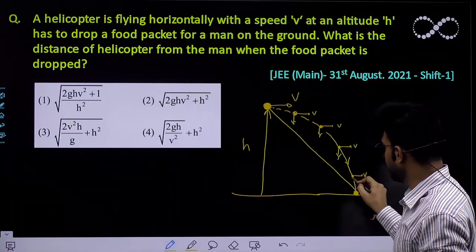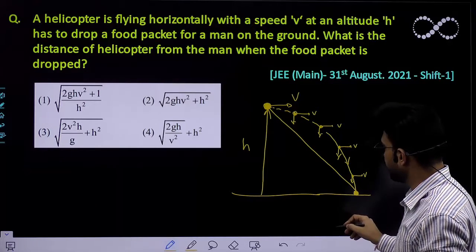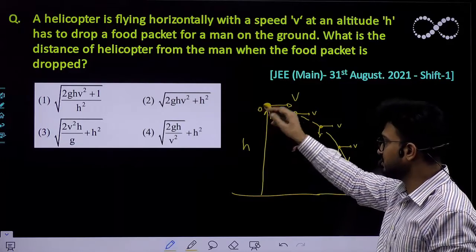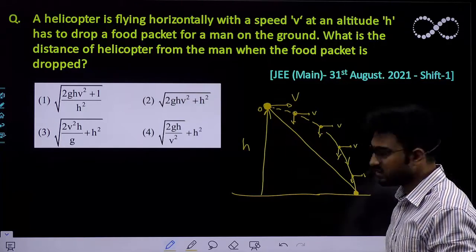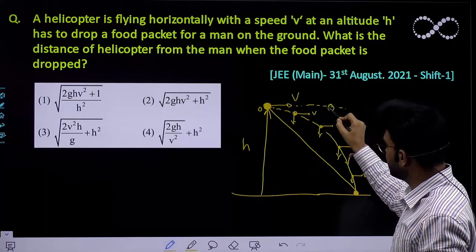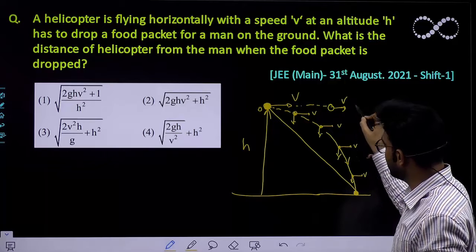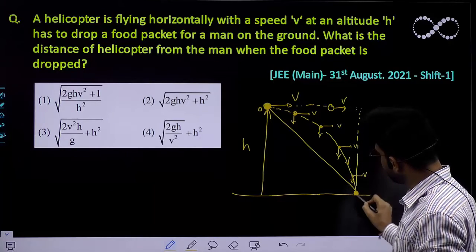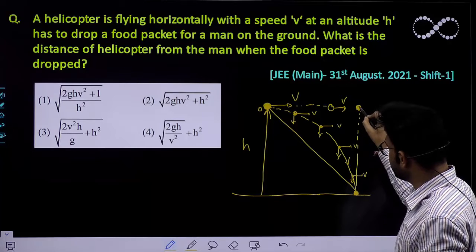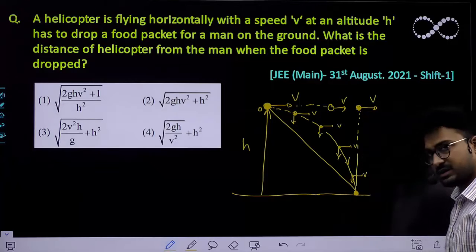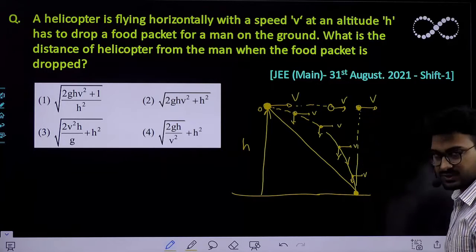Its initial vertical speed was 0, and the helicopter was constantly moving with the speed v. Since both have the same horizontal speed, the packet will drop at the same level as the helicopter.